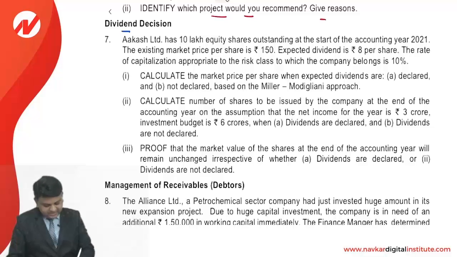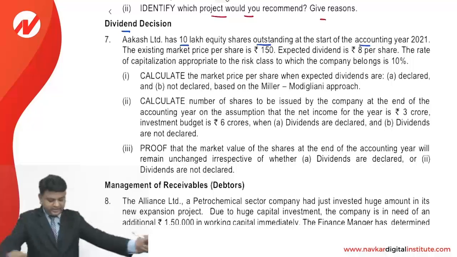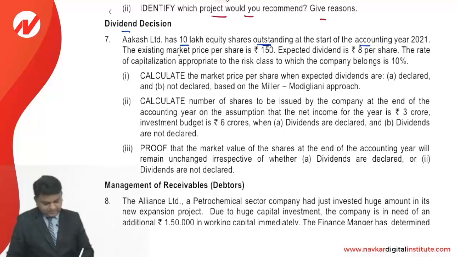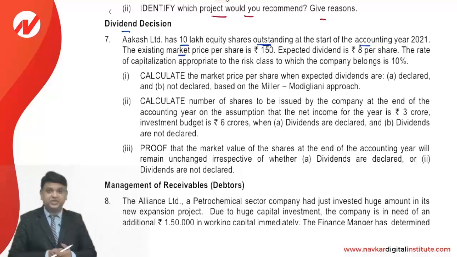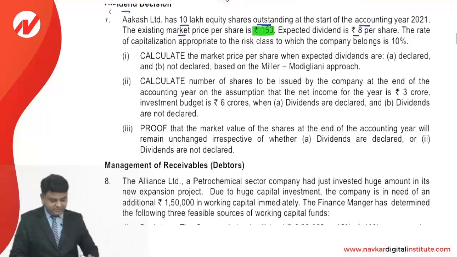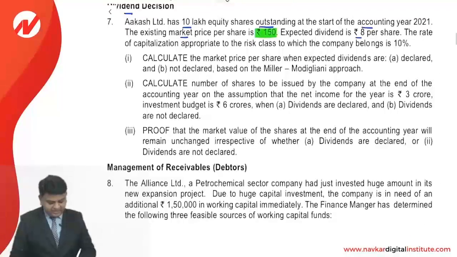Akash Limited has 10 lakh equity shares outstanding. Outstanding means issued at the start of the accounting year 2021. The existing market price per share is 150, that is P0 is given to us as 150. Expected dividend is rupees 8 per share. Rate of capitalization appropriate to the risk class to which the company belongs is 10%.